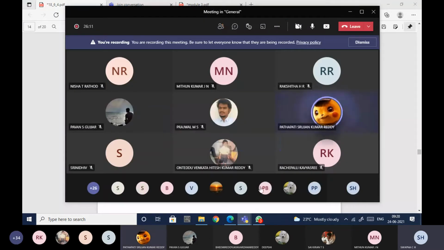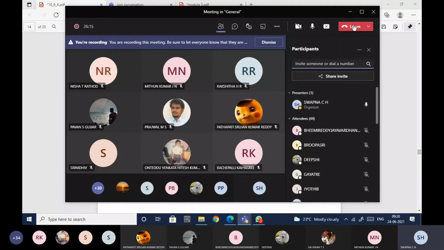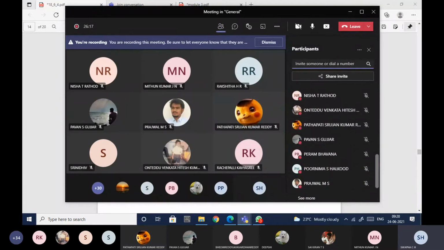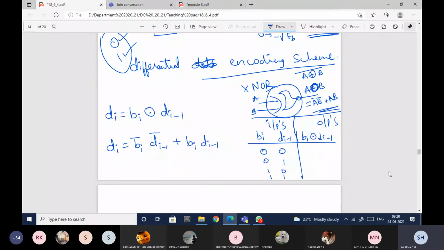When there are same bits, the output will be 1. It is like the number of ones: I don't have an odd number of ones, so even number of ones, the output will be equal to 1. So 0 0.